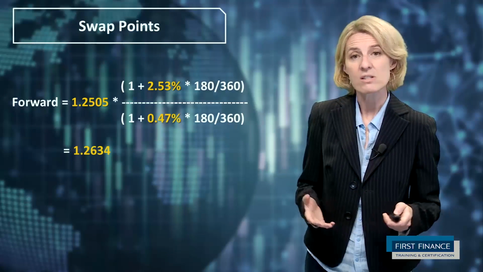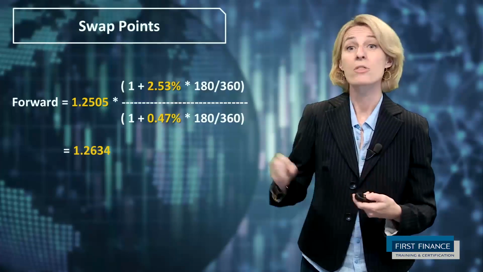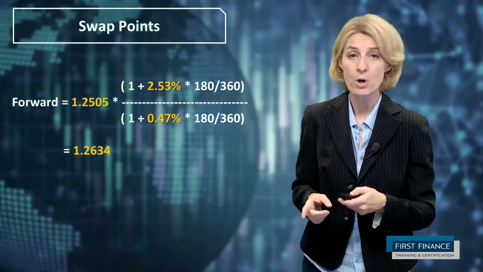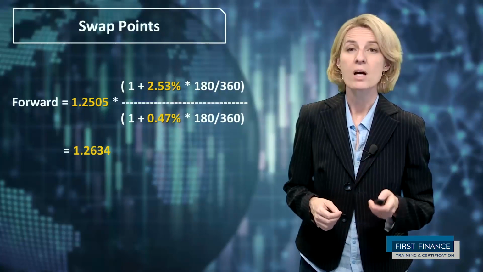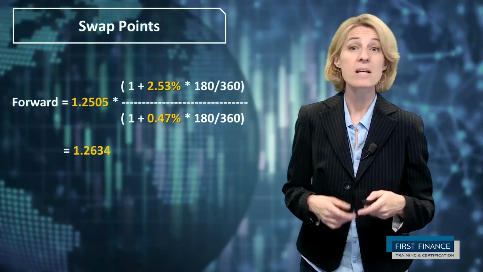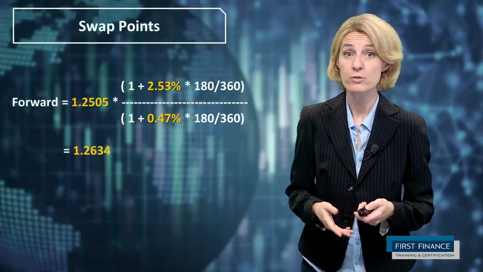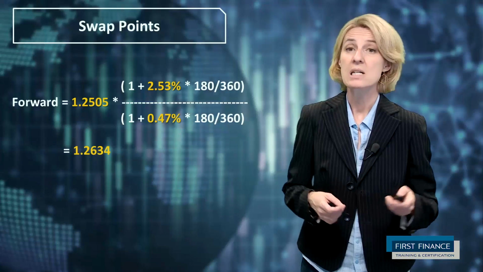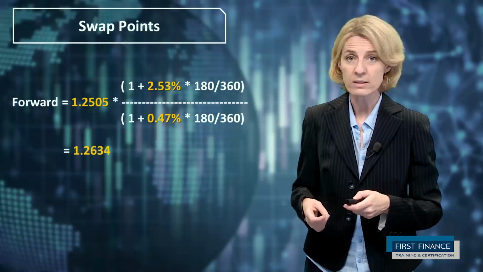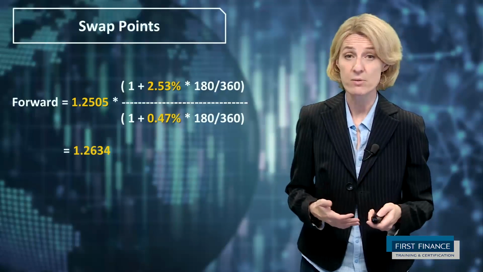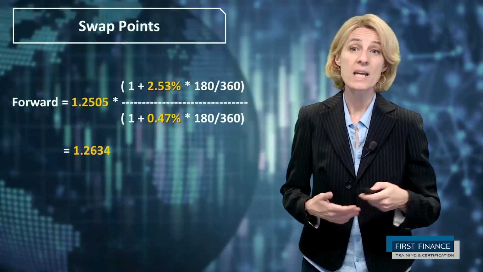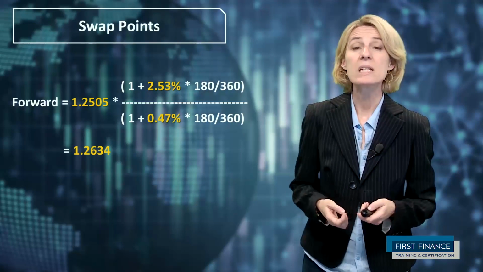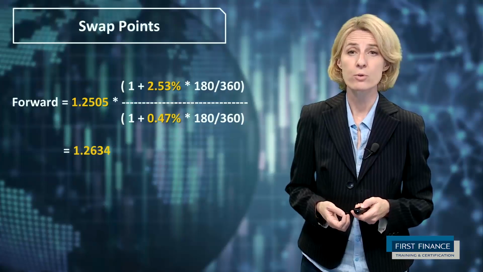The forward rate will equal the spot of 1.2505 multiplied by 1 plus the offered dollar interest rate of 2.53% multiplied by 180 over 360, divided by 1 plus our bid rate of 0.47% multiplied by 180 over 360, and this all equals 1.2634.